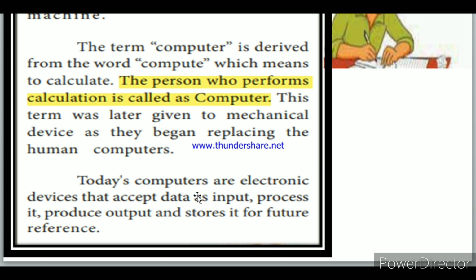Now we know data means the input which feeds into the computer. Information, what is information? Which is processed by the computer and given as a result, that is output form, is called information. Both data and information are very important components of computer.